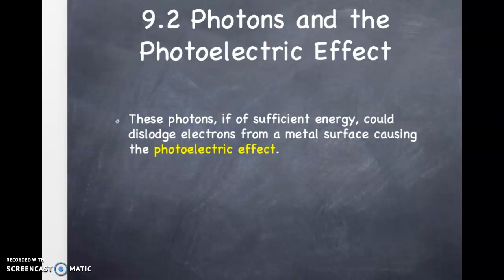That's what we mean. So as opposed to a wave striking the surface and dislodging electrons, it is now believed that these photons strike the electrons in the surface of the metal and dislodge them from the surface, and that is referred to as the photoelectric effect.